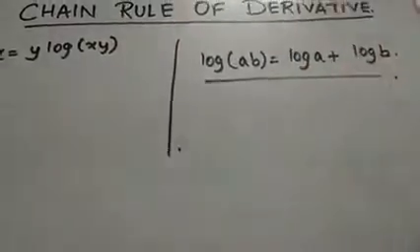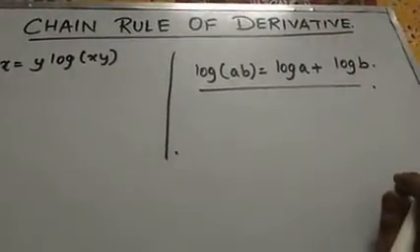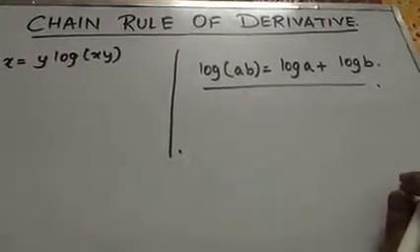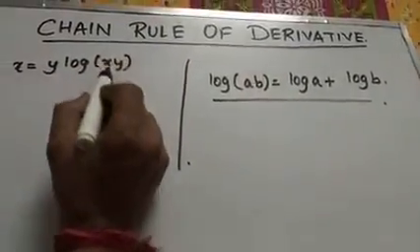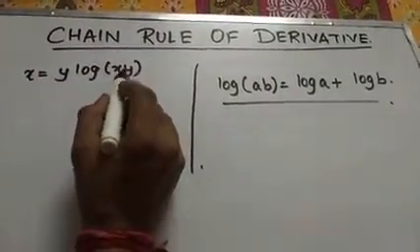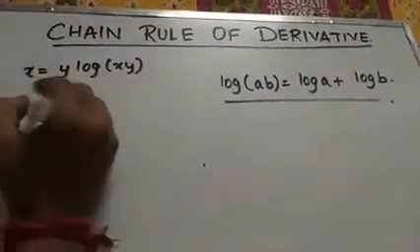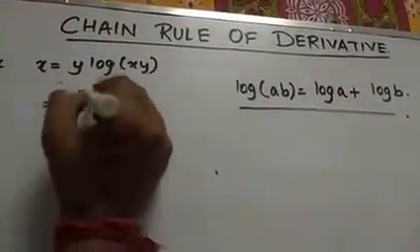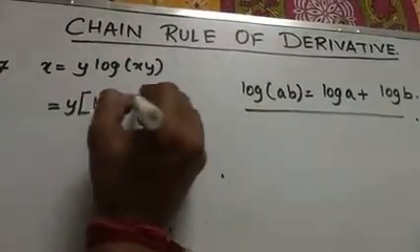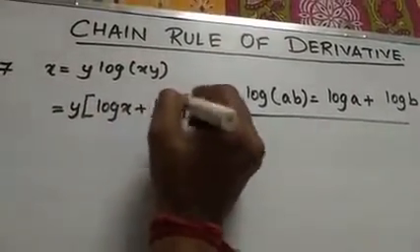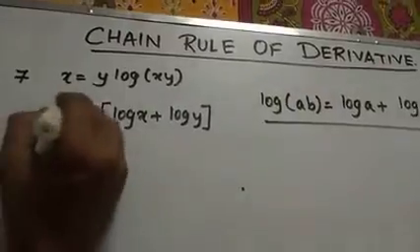If we use this property here, log of xy, we can write log x plus log y, and this side x.